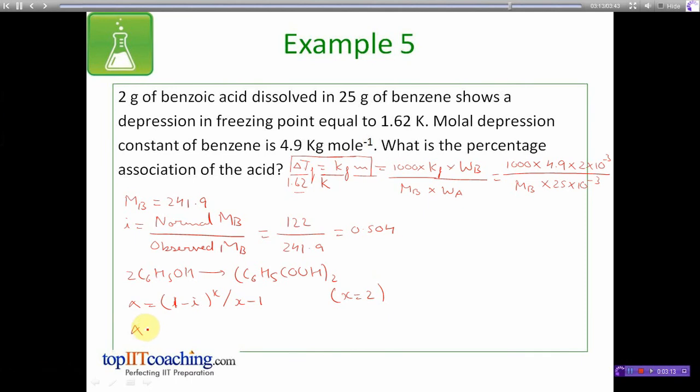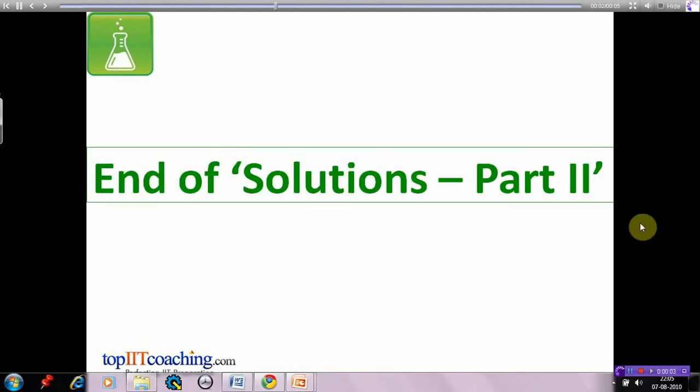So here x is equal to 2. So we write alpha, that is the degree of association, is equal to 1 minus i, that is 1 minus 0.504, raised to x, that is 2, divided by 2 minus 1. So on solving this equation, we get 0.992, or we can say 99.2%. This is the percentage association of benzoic acid.